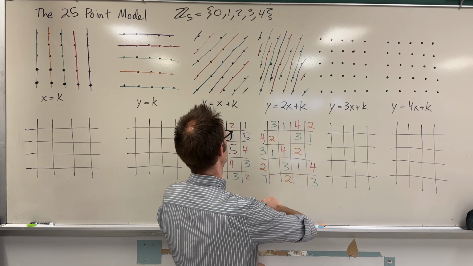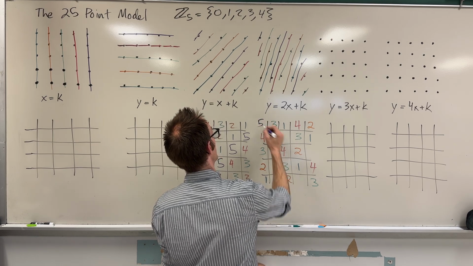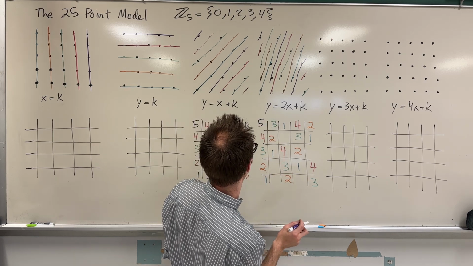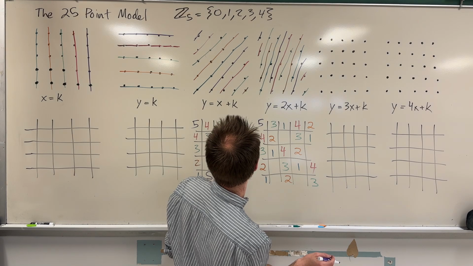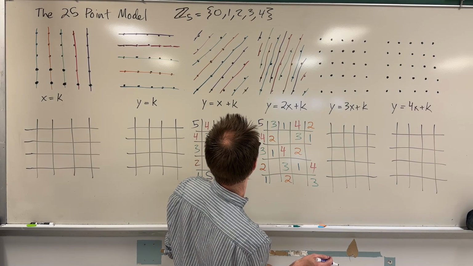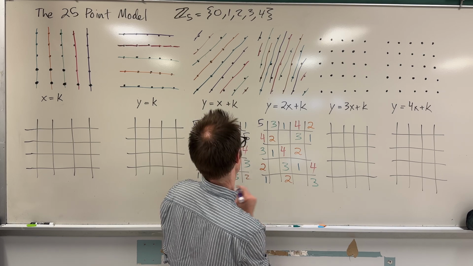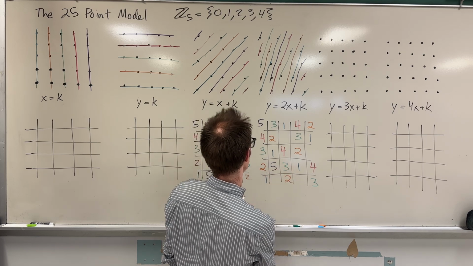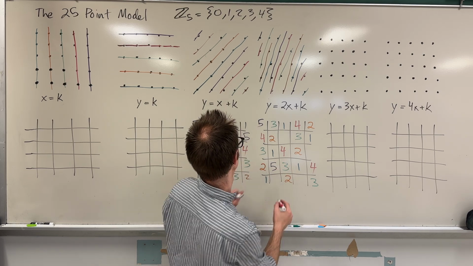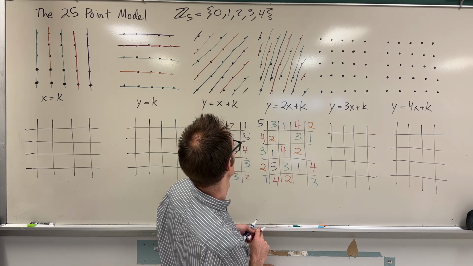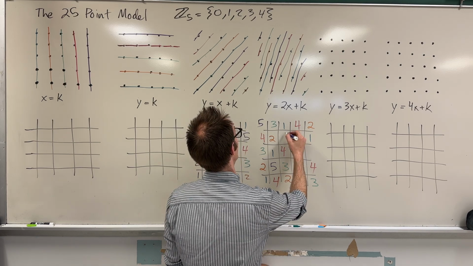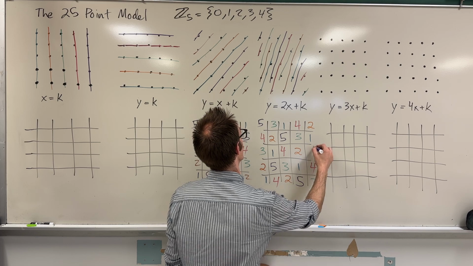And then finally the line of 5s. So, wait a second. Something went wrong again. No, it didn't. No, something definitely went wrong. 5. I think I just left out a 4. Yep. That was the only thing that was wrong. Yep, good now. Okay, and then 5, 5, 5.